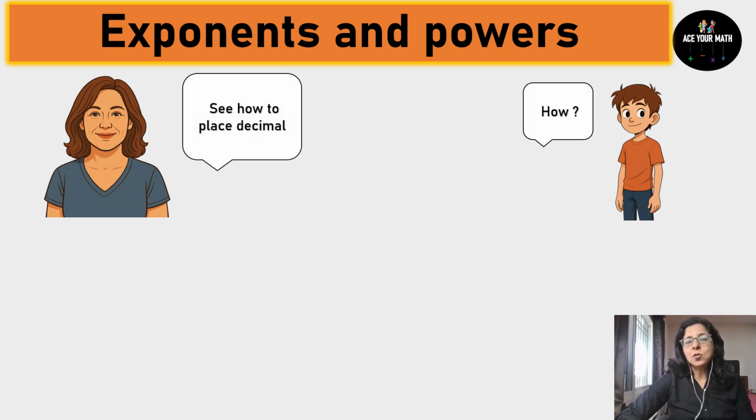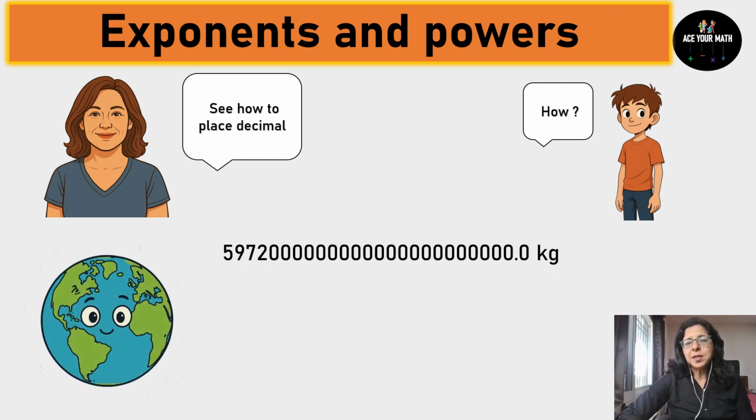Mom said, see how to place the decimal in such given numbers. The given number is this. Now assume that there is a decimal at the end. Now you will move this decimal from this place to the place after 5. Now how many digits come in between? There are a total of 24 digits if you count them.